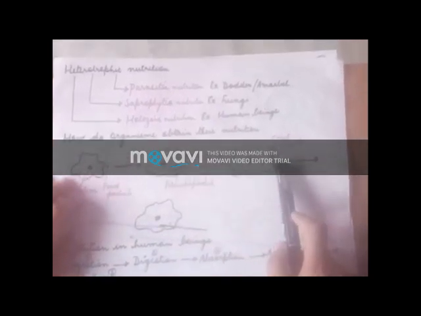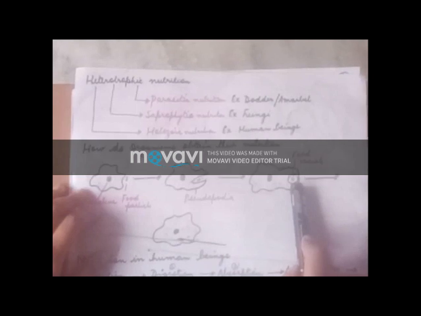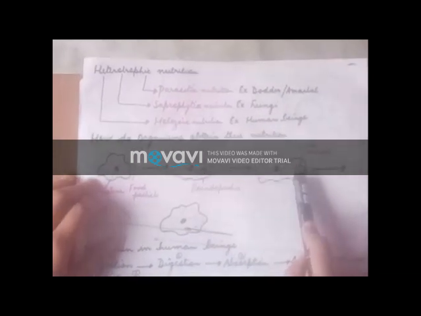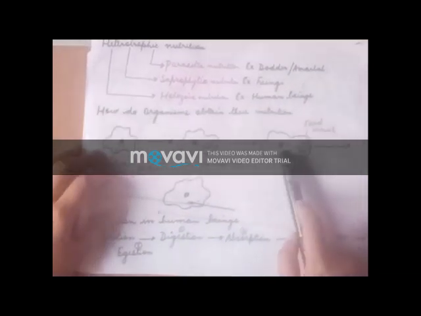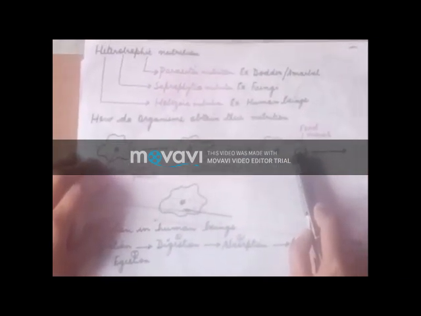The next step is, once it has surrounded the food particle, the membrane fuses. This is known as the food vacuole. Once the membrane has fused and the food particle is within it, it is known as a food vacuole. Then the food vacuole is broken down in the presence of enzymes.